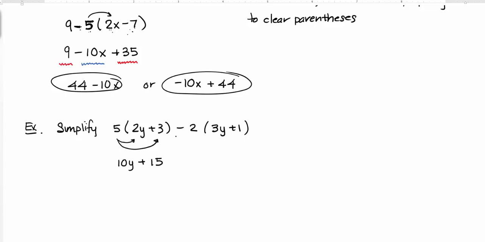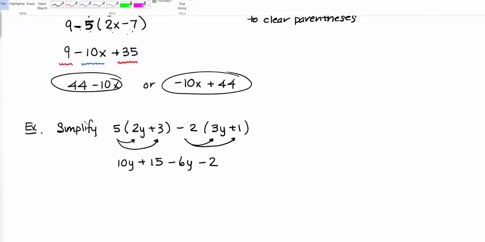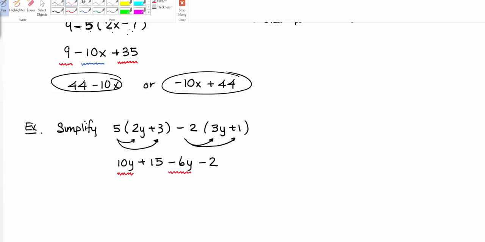And out here I have a negative 2. So negative 2 times 3y gives me a negative 6y, and negative 2 times 1 gives me a negative 2. Now I've gotten rid of my parentheses, so what are my like terms? I have 10y and a minus 6y, those are alike.